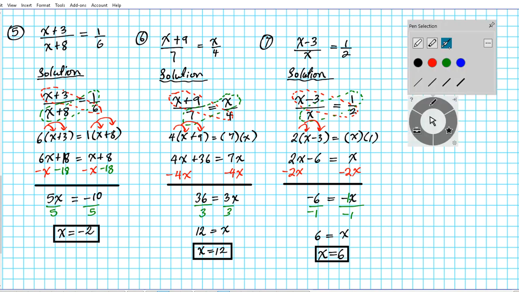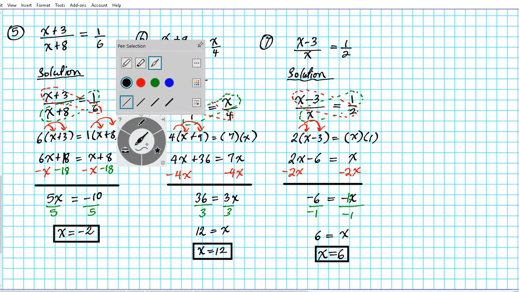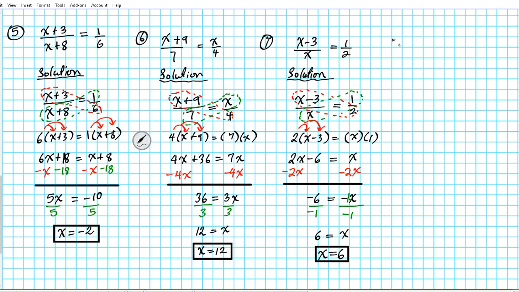Okay, moving right along, let's take a look at number 8. For number 8, let's say we have the proportion given by x minus 3 over 5 is equal to x minus 6 over 8.